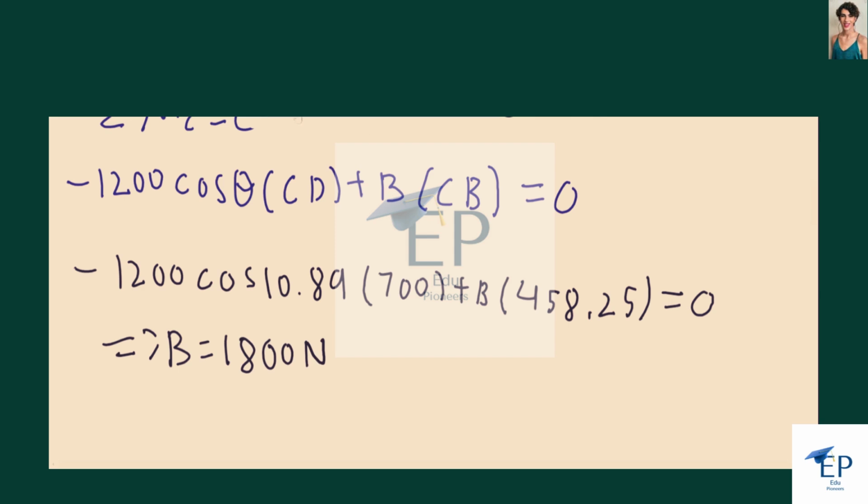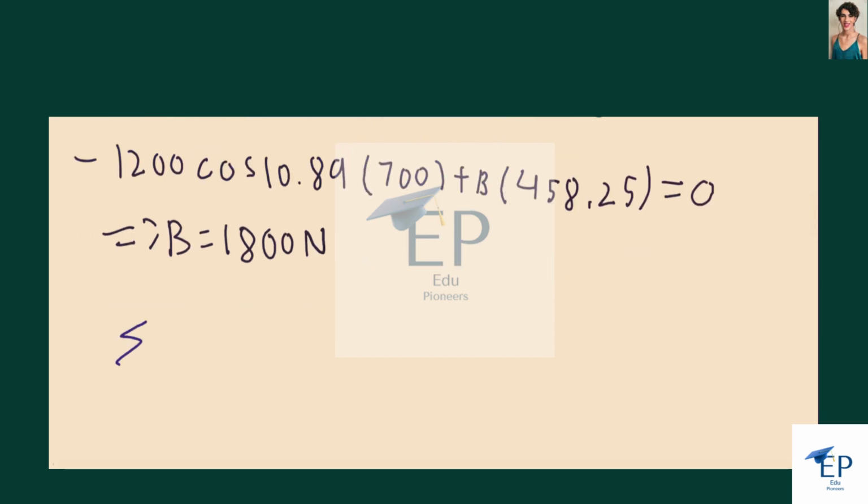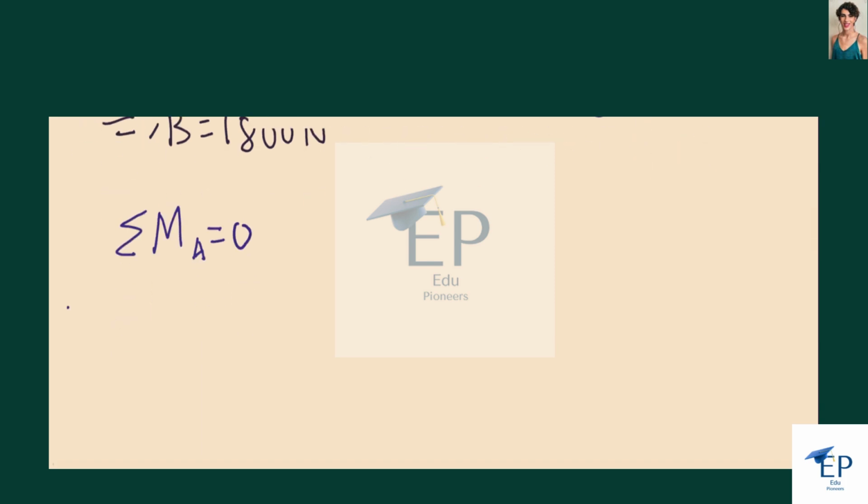So we can now solve for the moment. First we say that the sum of moments about the point A is equal to 0. And we can write that as negative B times the sine of theta plus 90 minus alpha times BA plus M is equal to 0.